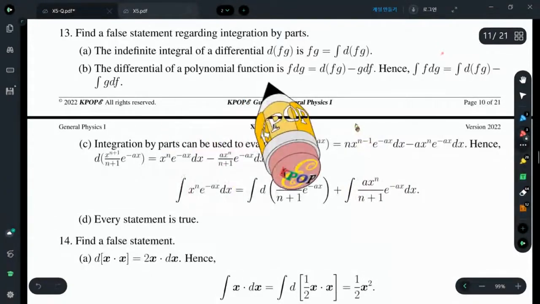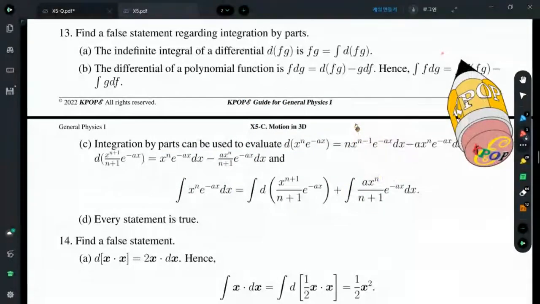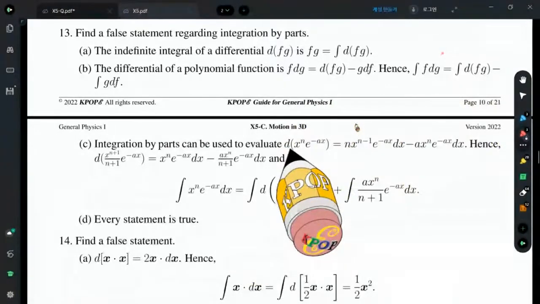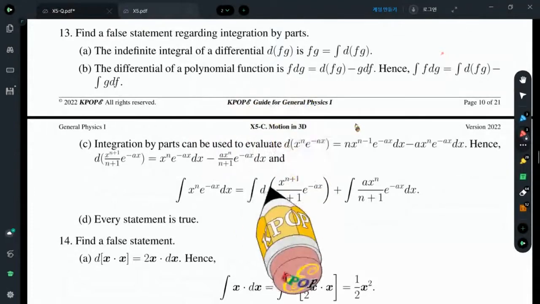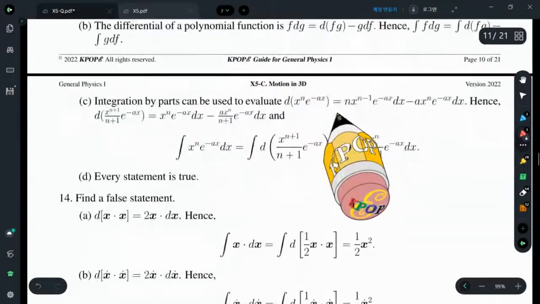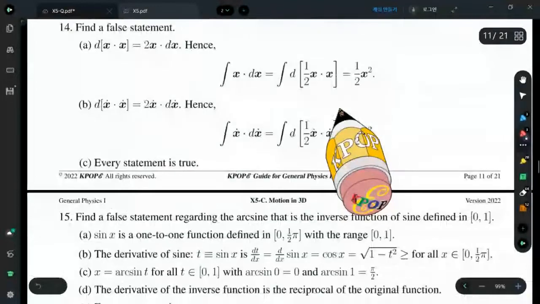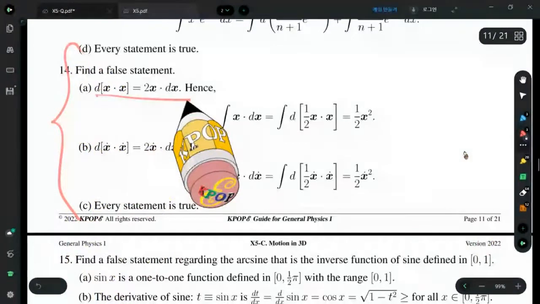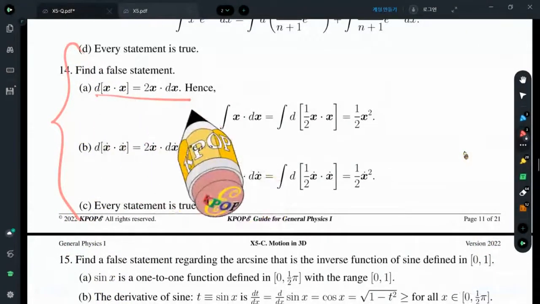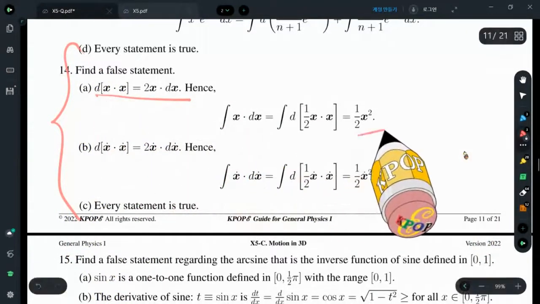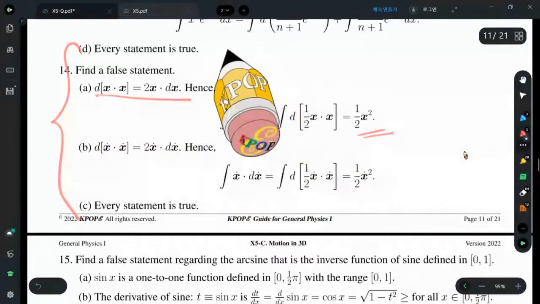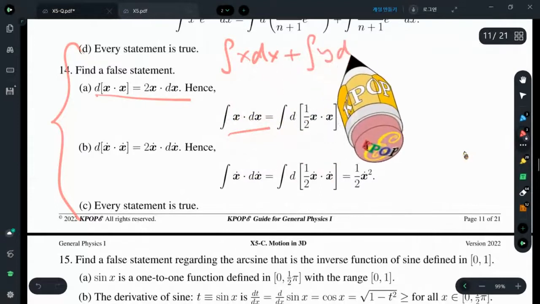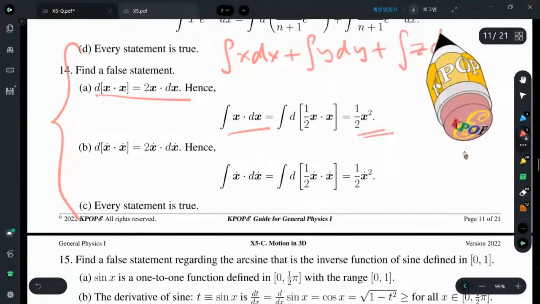This is the integration by parts, and I believe you are familiar with integration by parts now, so let me just pass. This is what I told you previously, very important. X dot dx, this result, in fact, is x dx, y dy, z dz.